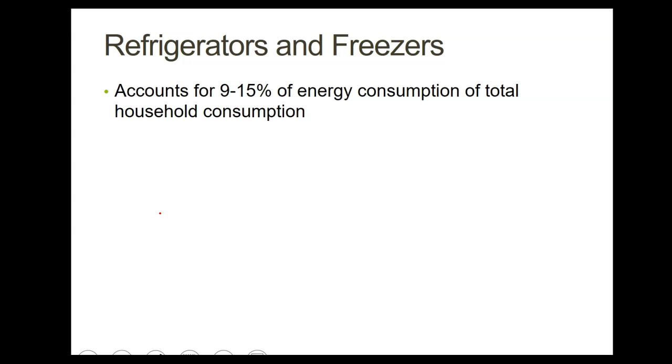Fridges and freezers account for 9 to 15% of the energy consumption in the year. They run all year round to maintain your food at that temperature, and even though the compressor might not be engaging, it has to maintain the temperature.